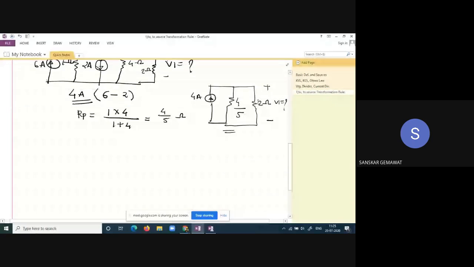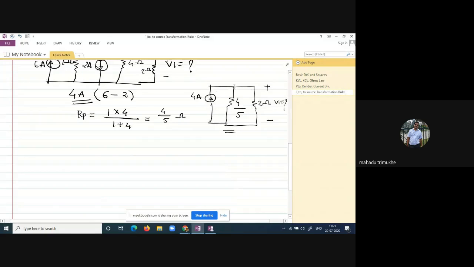By voltage divider rule. We have to find out current, which means we have to use the current divider rule. My question is you have to find out the current. First of all, you have to find out what is the current flowing through the 2 ohm resistor. We know this 4 ohm resistor across this node, but we have to find out the particular 2 ohm resistor current.